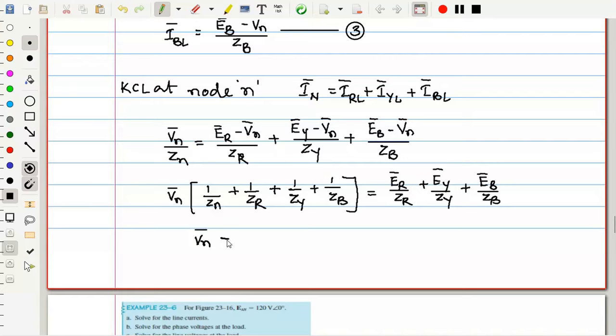Vn is equal to, this is a very important equation, this numerator divided by the denominator part, that is 1 by Zn, 1 by Zr, 1 by Zy and 1 by Zb.